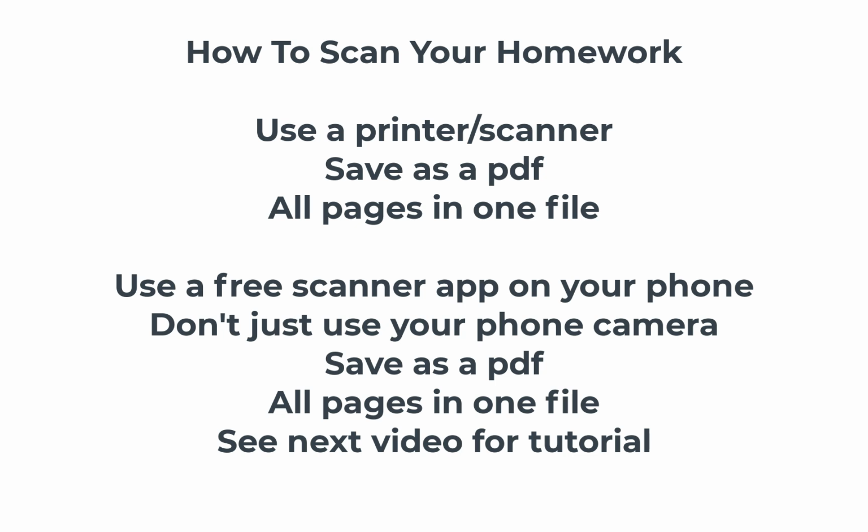Don't just use your phone camera, that's not going to work. Whether you use a printer scanner or a scanner app on your phone, be sure to save the file as a PDF, and you'll need to make sure that all the pages of your work for one single assignment are in one single PDF file. In the next video, I have a tutorial using a free scanner app to help you with this.